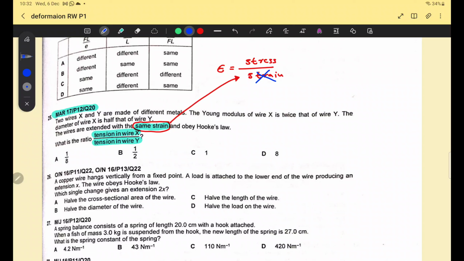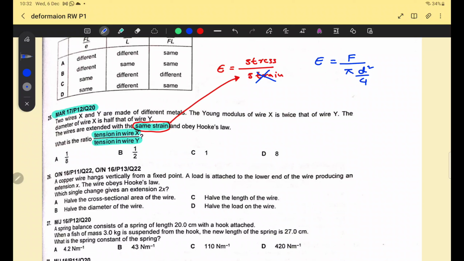So I have cut strain, and now Young modulus is equal to stress, and you know that stress is force per unit area. But in this question, again, you are given diameter, so I should write pi d square upon 4.